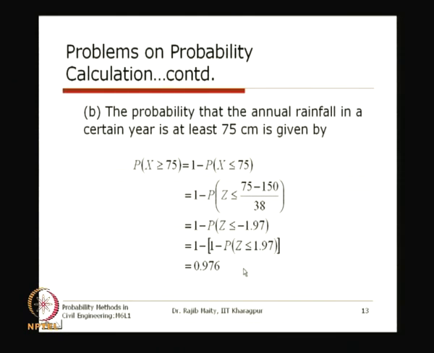The second question is: what is the probability that the annual rainfall in a certain year is at least 75 centimeters? Before I start that, the concept here is that if you understand how we are obtaining the probability for the normal distribution after reducing it to the standard normal distribution, then all of this type of problem will be straightforward.